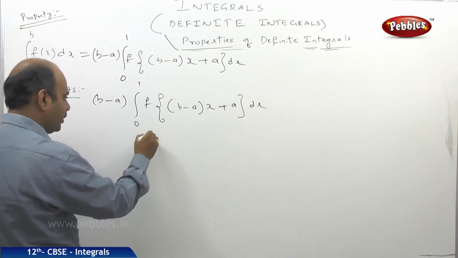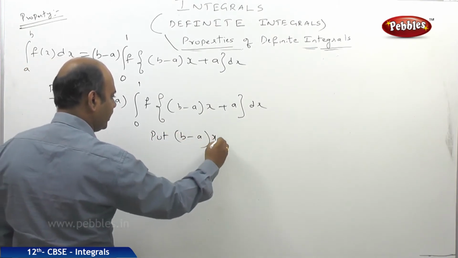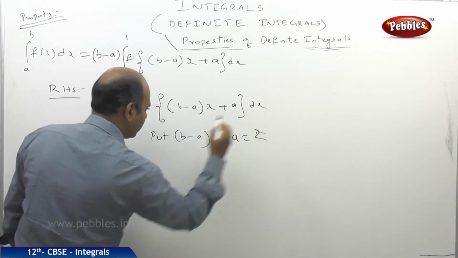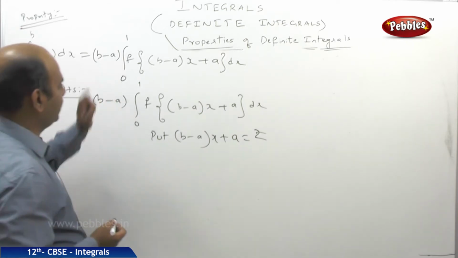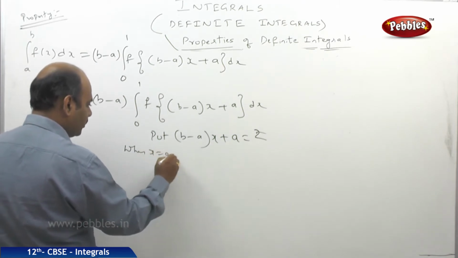So later what I will be doing? We need to put b minus a into x plus a is equal to z. Now we shall see what happens when x is equal to 0. When x is equal to 0, what happens?